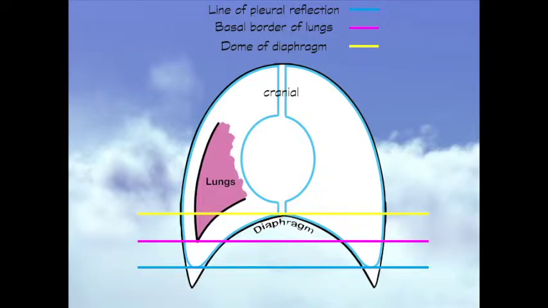Let's take a moment here to add to this. We have the mediastinal pleura here. And if we throw the heart in here, that makes this the pericardial mediastinal pleura.